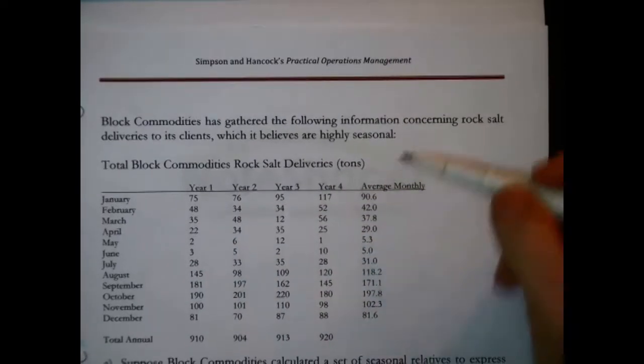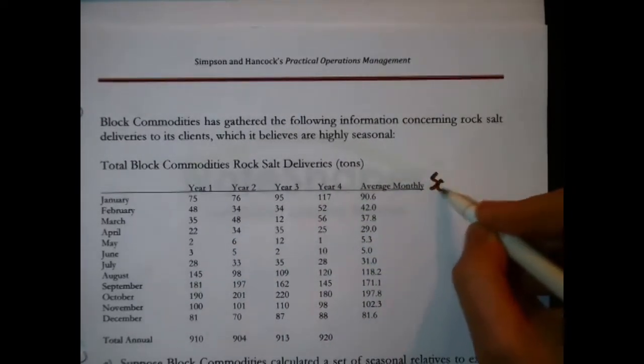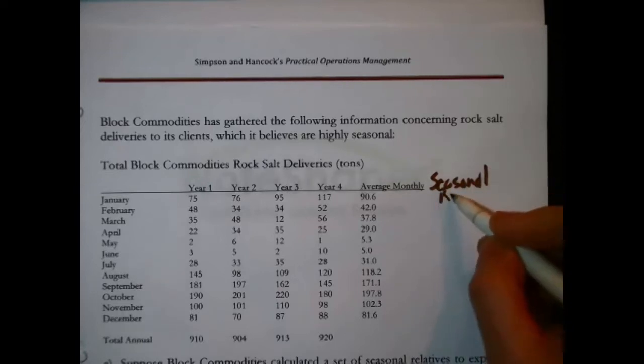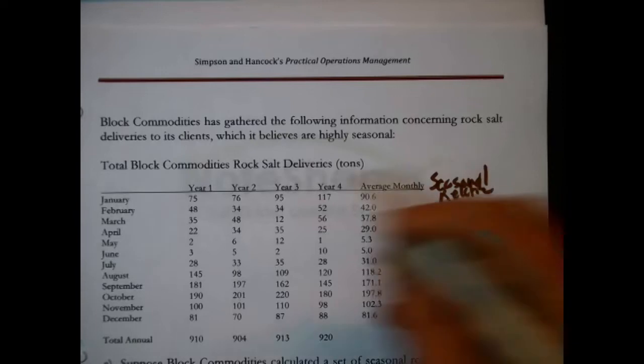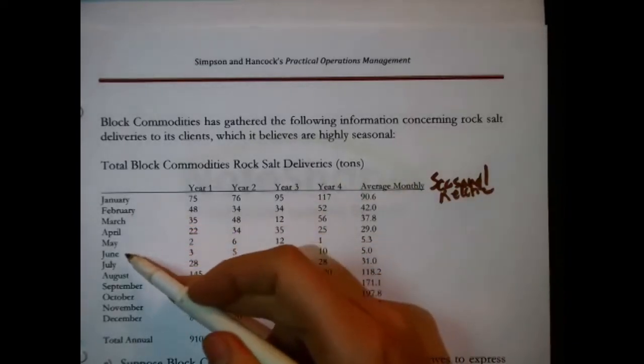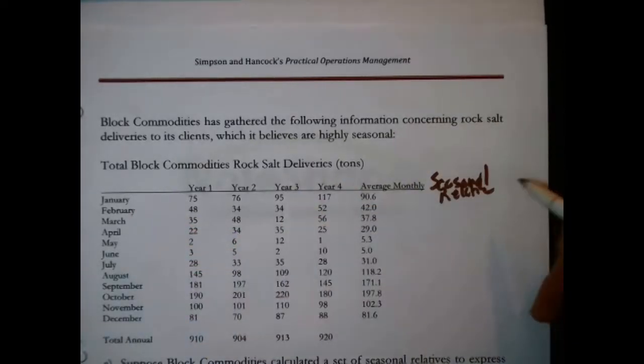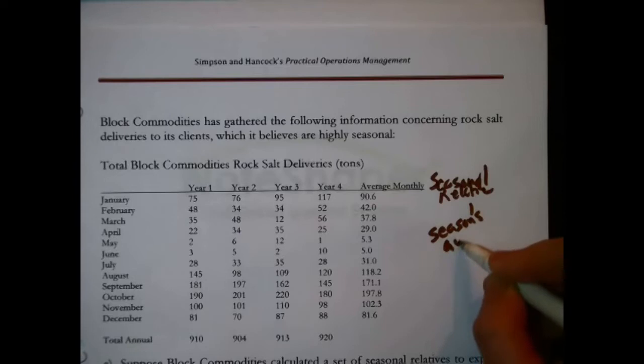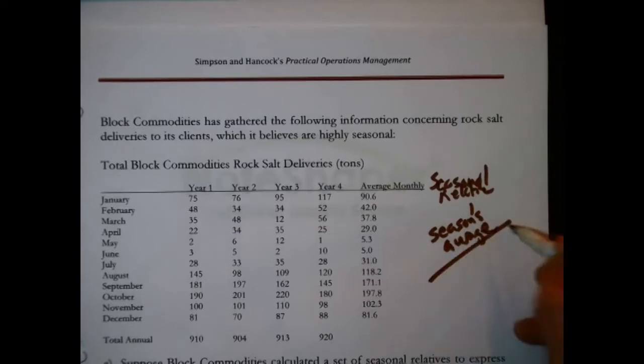So I could easily set up another column here, seasonal relative for January, for February, for March, for April, for May. Because the seasonal relative, how do you calculate it? You take the season's average and you divide it by the overall average.